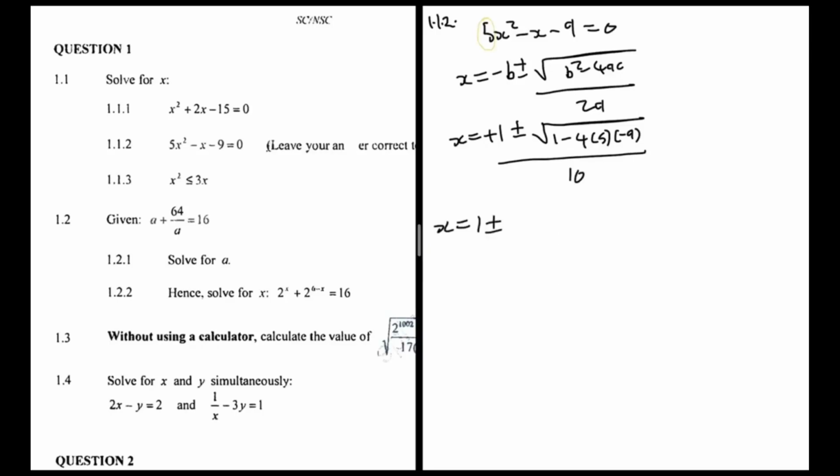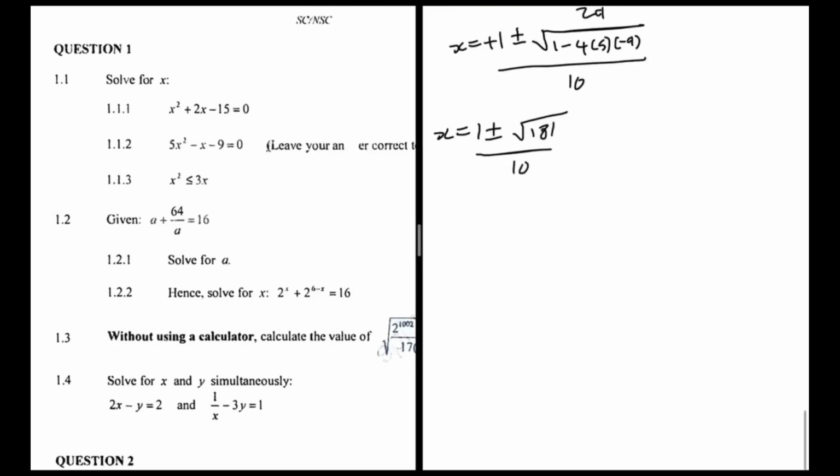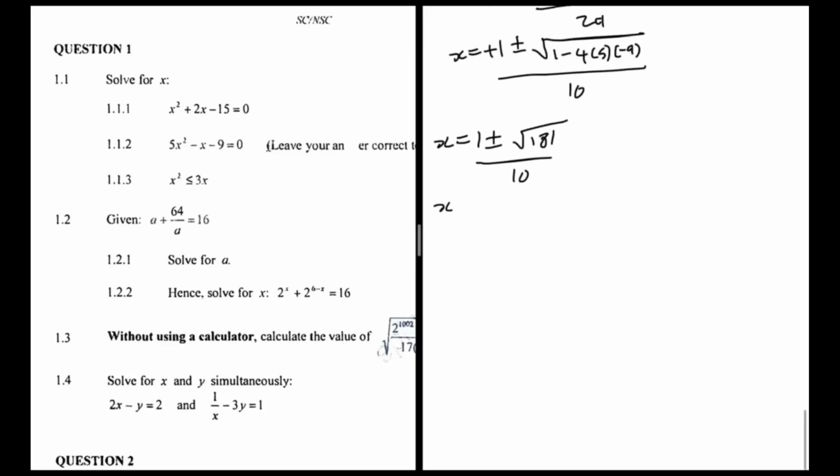So I have 1 minus 4 multiplied by 5 multiplied by minus 9. So that is giving me 181, divided by 10. So now I can tell that x equals 1 plus the square root of 181 divided by 10, or x equals 1 minus the square root of 181 divided by 10.